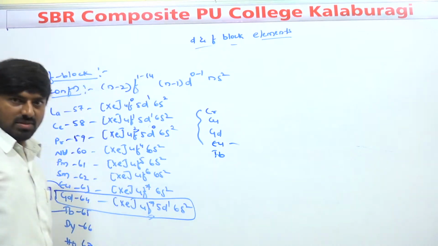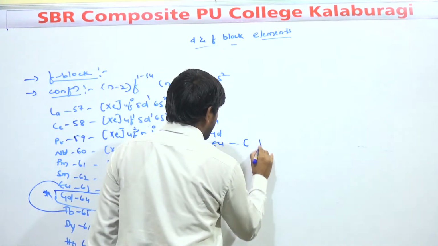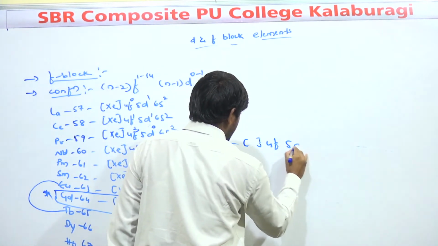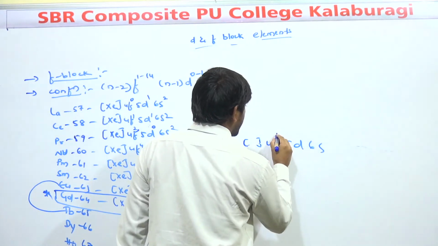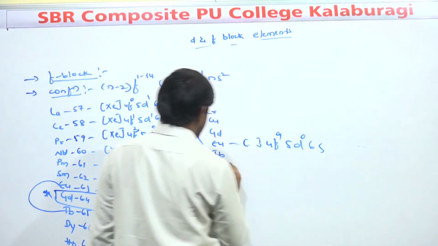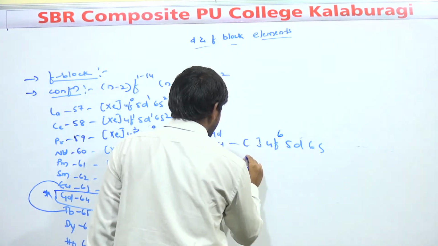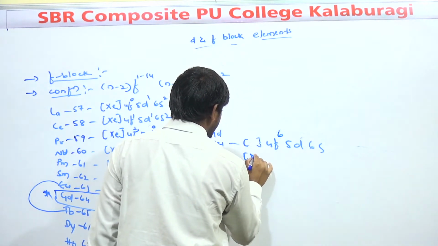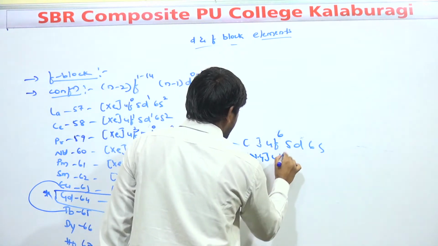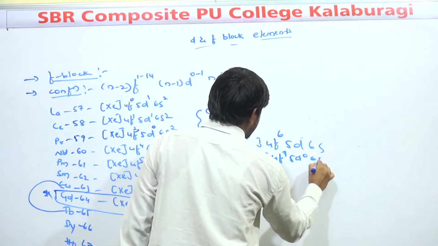Europium's configuration will be noble gas 4f7, 6s2. Now terbium configuration will be noble gas 4f9, 5d0, 6s2.